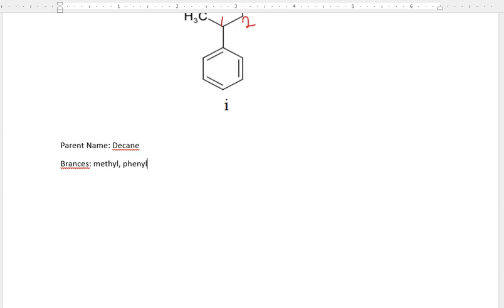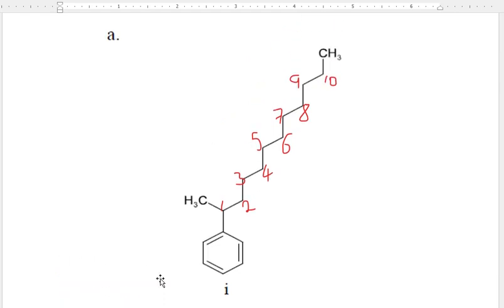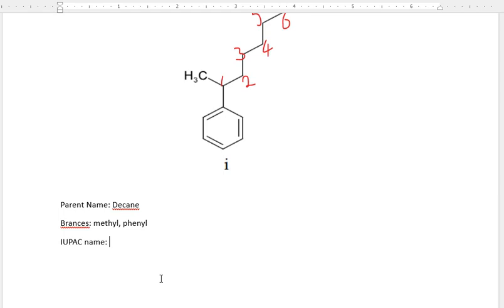Okay. So the IUPAC name will be, we said for you to name the branches, you look at the alphabetical order. Which one comes first between a methyl and a phenyl? You're going to discover that methyl comes first in the alphabet. So we have a methyl at 1, 10.